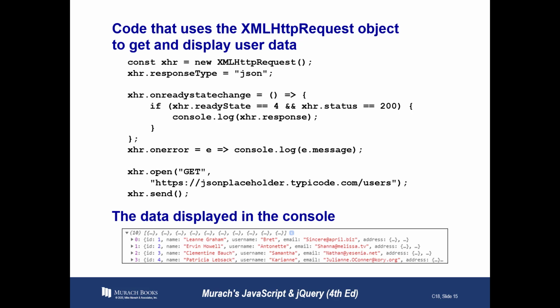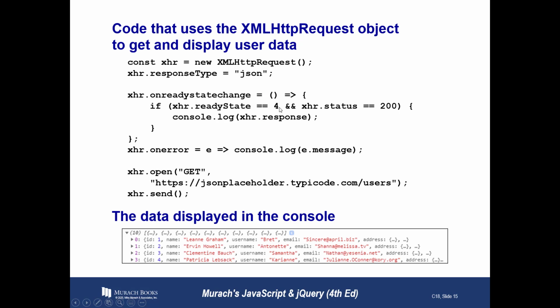So here's an example. So what are we doing right here? We are creating a brand new one of these objects, and quite often that's the name you'll use, especially if there's only one of them. And we're saying that what's going to be returned is JSON. All right, and here we're using an arrow function.